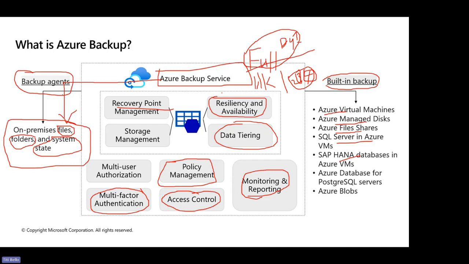So to do this, you need to download backup agents from your backup service portal and install them on each of those virtual machines or even physical servers that you have on-prem. And you will do the backup. The agent will take the backup and store it for you in the cloud based on your configuration.